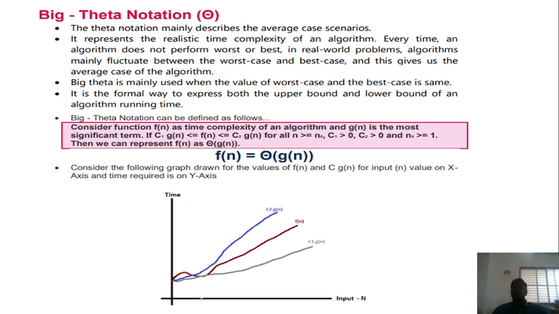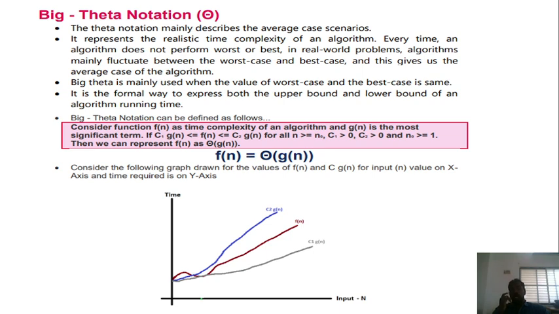In some cases it may give the worst, in some cases it may give the best. So it fluctuates between the best and worst case, and that we can treat as the average case of an algorithm.